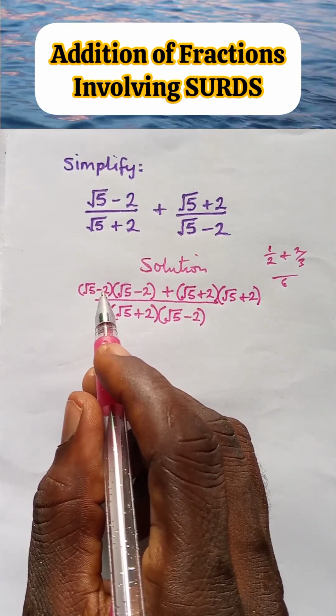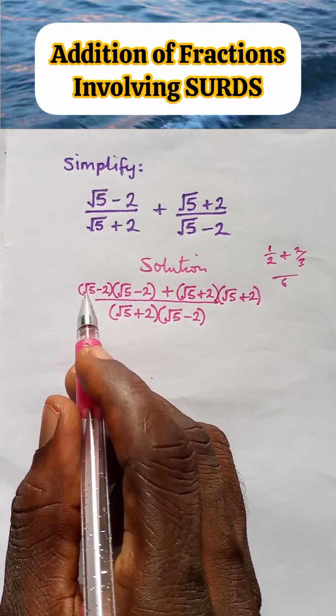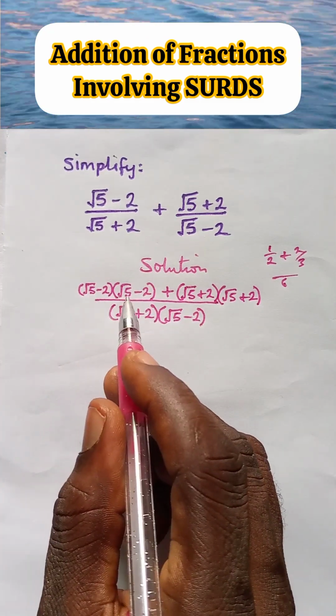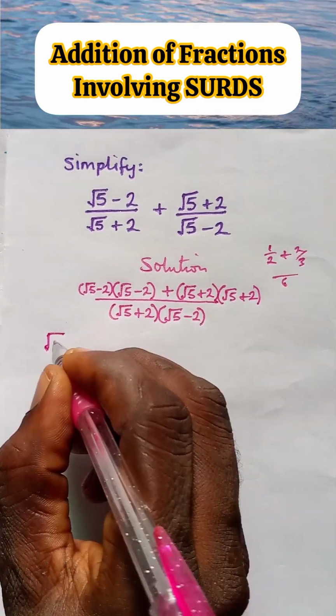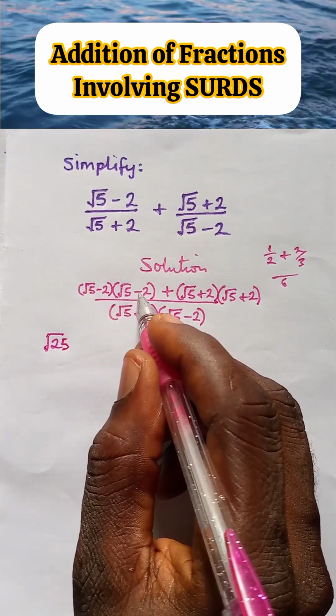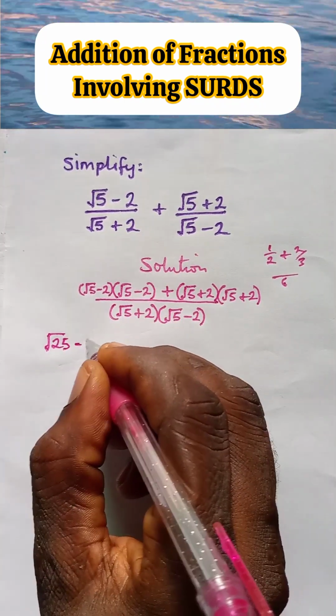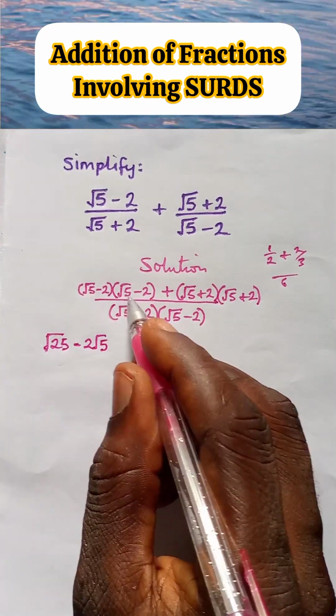Everything in this bracket, we multiply each term in this bracket. So we start with √5. √5 multiplied by √5 gives us √25. Next, √5 multiplied by negative 2 gives us minus 2√5. Now we have used √5 to multiply each term here.